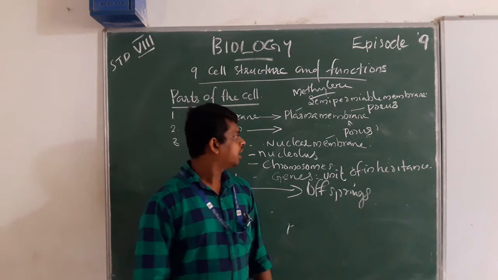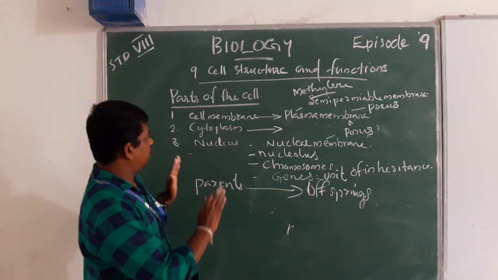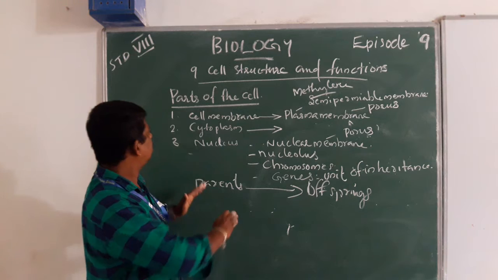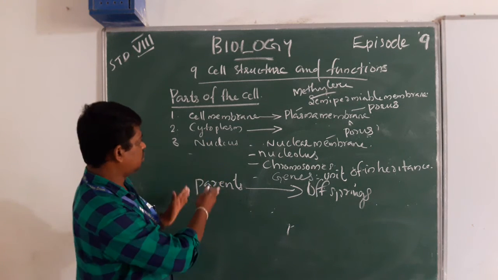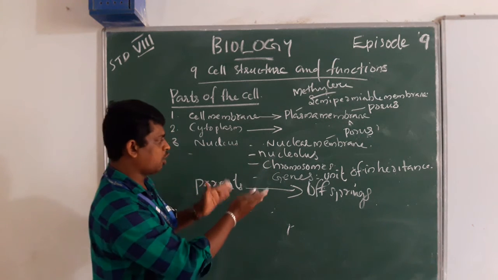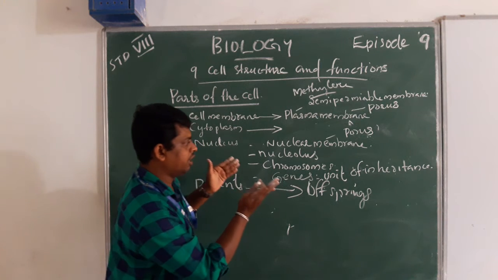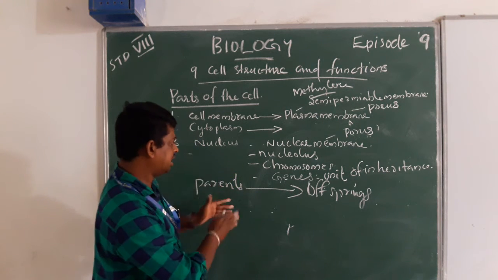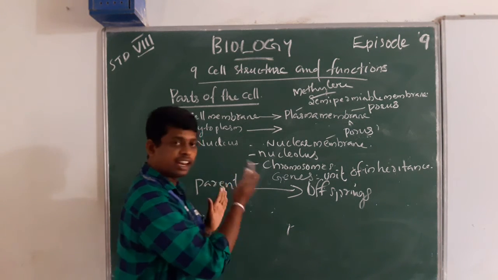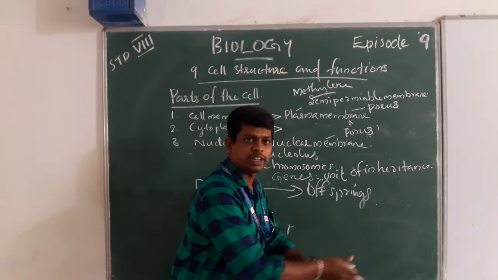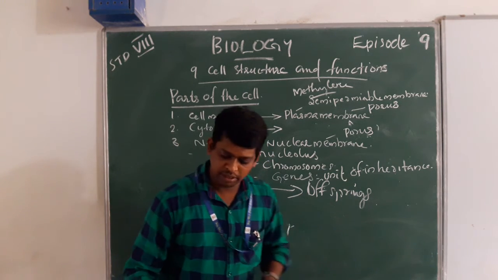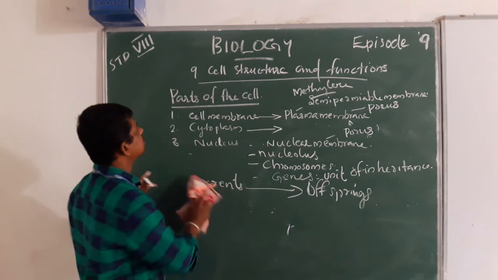Then next, we have learned about the cell membrane, cytoplasm, nucleus, nuclear membrane, nucleolus, chromosomes, and the unit of inheritance, where the character is transferred from parents to offspring. These are the main points.